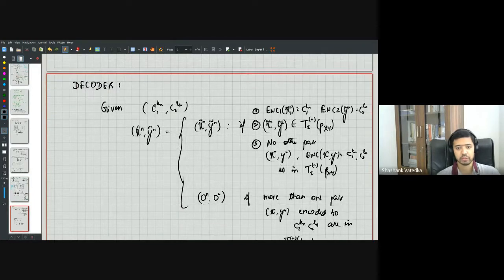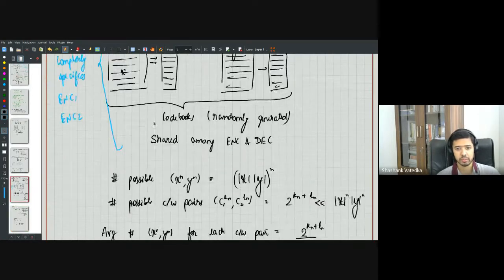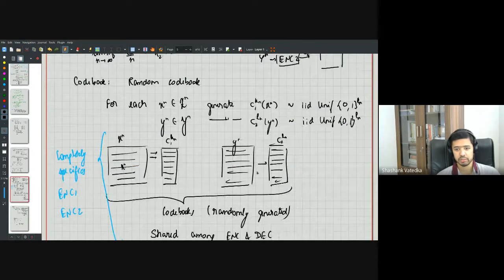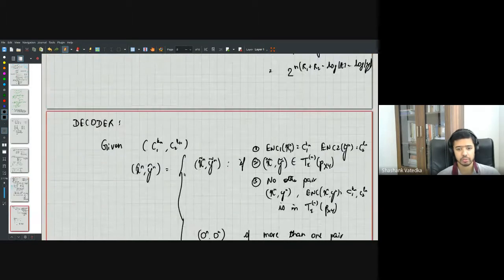These tables are accessible by the decoder. The decoder knows these tables. So it looks at these tables and identifies which xn, yn pairs correspond to this particular code word pair.